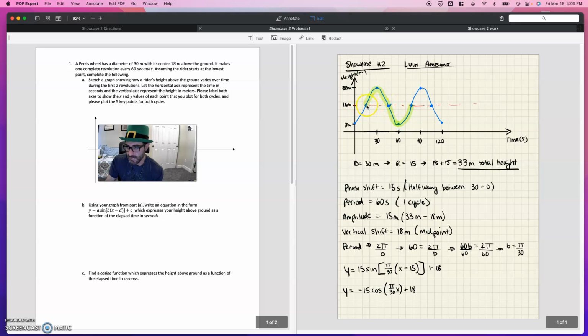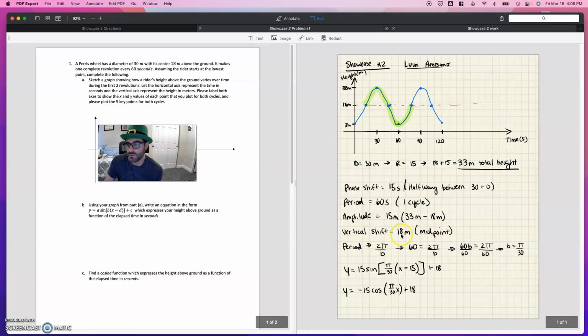You'll notice that it's passing all of these key points every 15 seconds. So halfway between 30 and 0 seconds is 15 seconds. So you're going to end up with your point here at 15 seconds and 18 meters, here would be 45 seconds and 18 meters, 75 seconds and 18 meters, and 105 seconds and 18 meters.